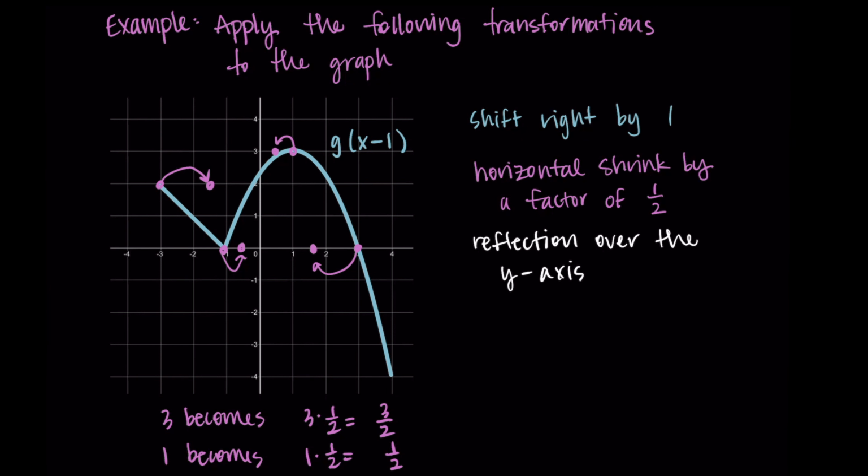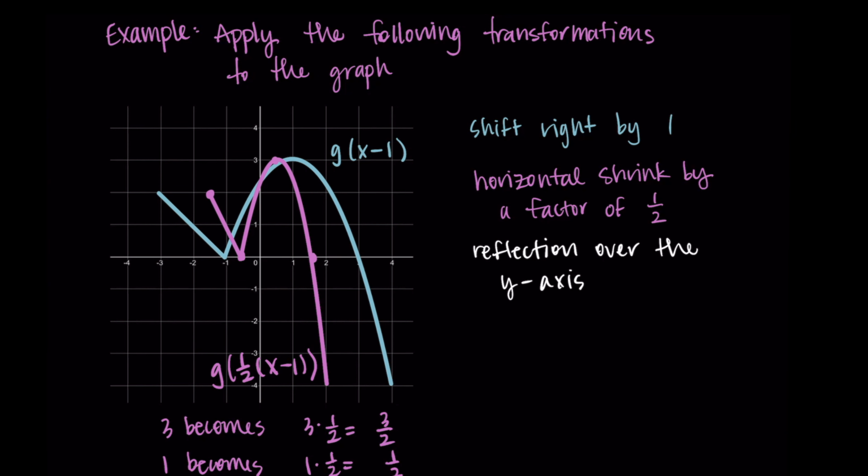All of the inputs get multiplied by 1/2, and the outputs stay the same. Okay, so to write this, we would write g of 1/2 times (x minus 1). So that x minus 1 stays in parentheses since we did that first, and then we take that result and multiply it by 1/2. So having all those parentheses is really important. We do g of 1/2 times (x minus 1).